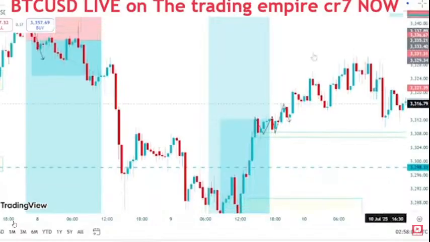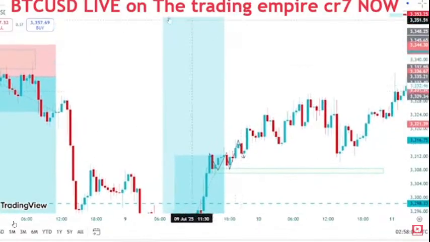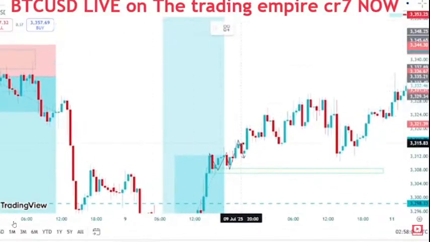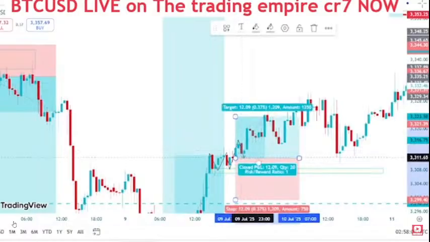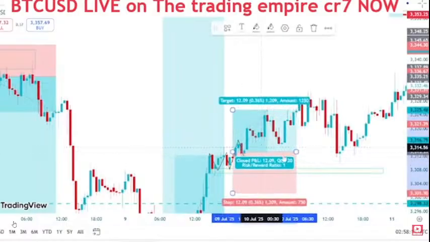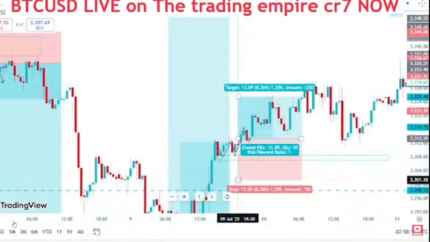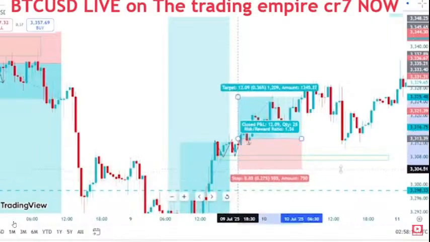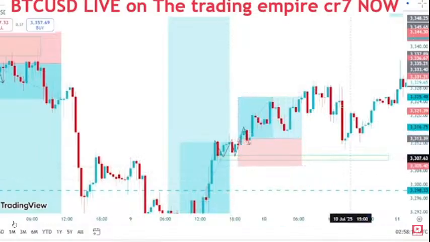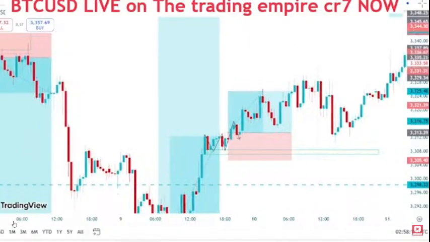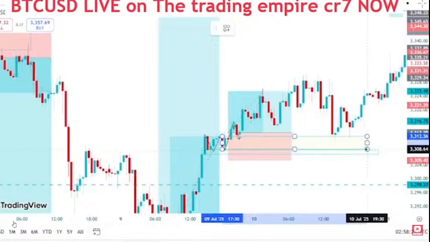So from this area, buy from this candlestick, with the stop loss below the previous entire zone, this area. But remember, we had this demand to buy from.